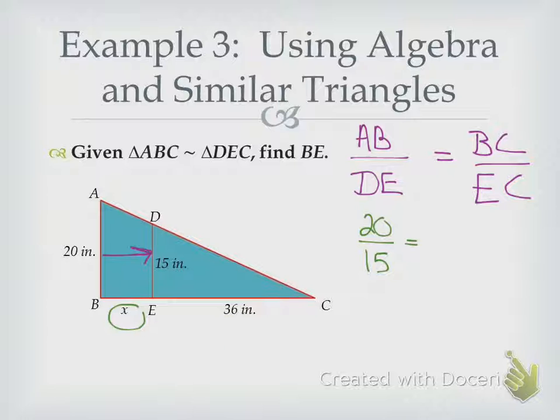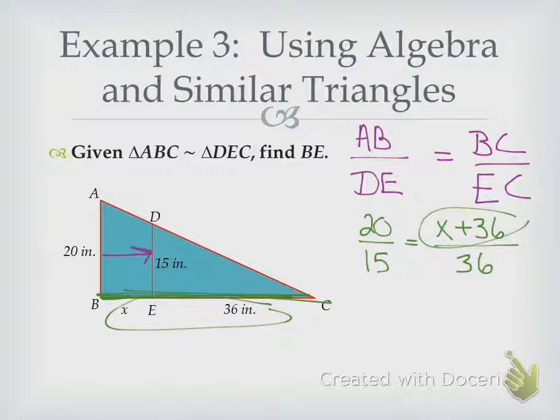It's both of those that combine together to give me the entire side length. So I'm going to say x plus 36 over, and then EC is just 36. Do you see why we did that? x plus 36? Because the whole side BC, right here, this whole side is 36 plus x. It's both of those measures.